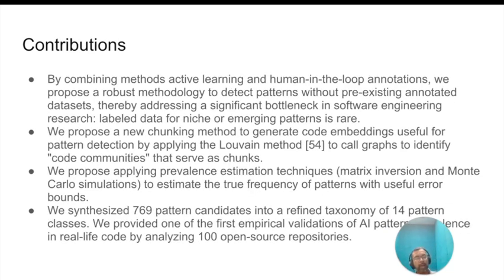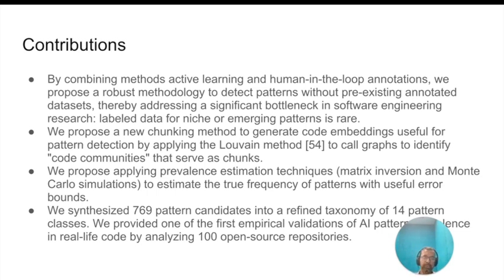To come back, we used limited human in the loop annotation and active learning to identify patterns without having labeled samples to start with. We have still done work only on the AI patterns, but we think this approach can work for other patterns too.